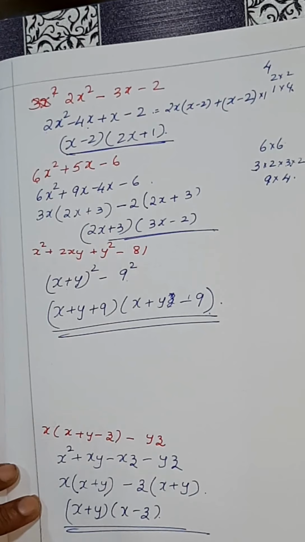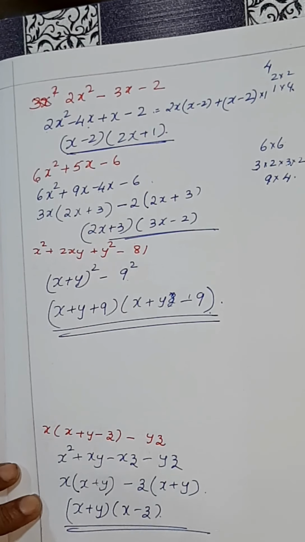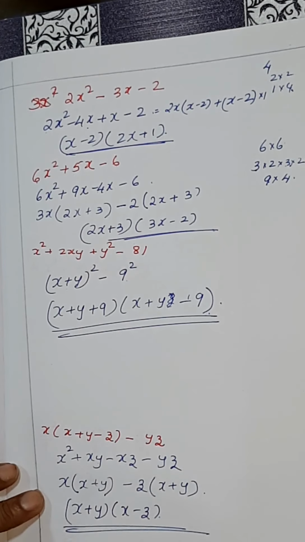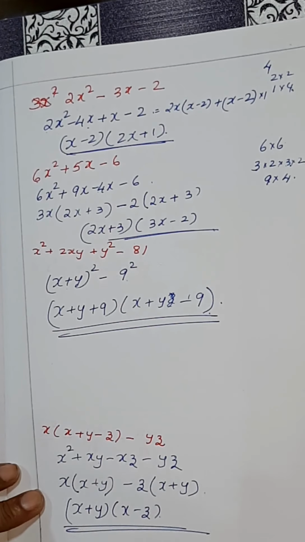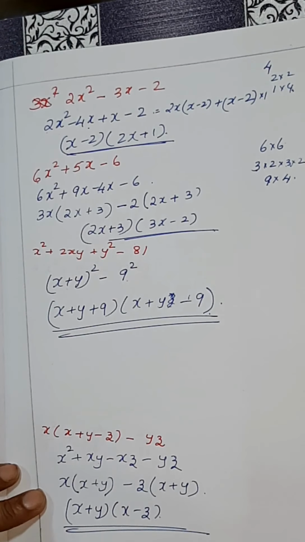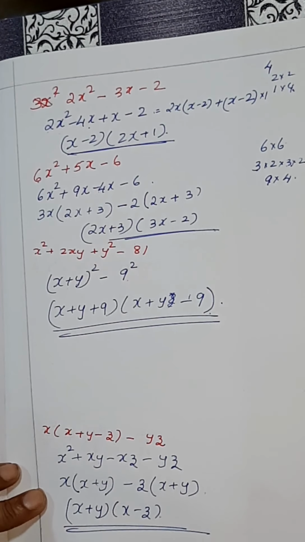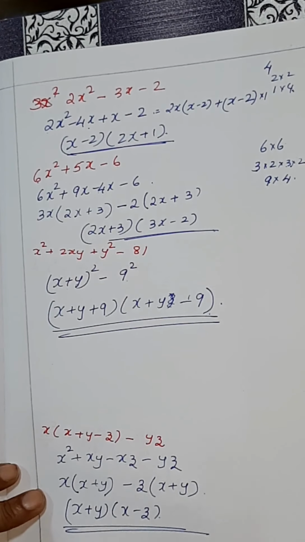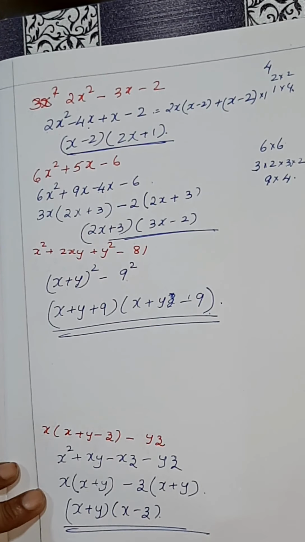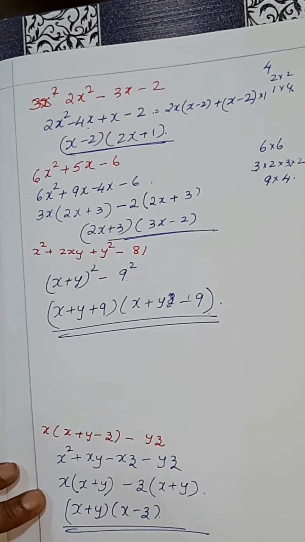So again here it is 3 terms. The x squared term and this constant term are not perfect squares, so we may have to go for the splitting of middle terms. So now 6 into 6, 36. So now we will find the factors of 36. So 9 into 4, 36. So 9 plus 4 is 13.